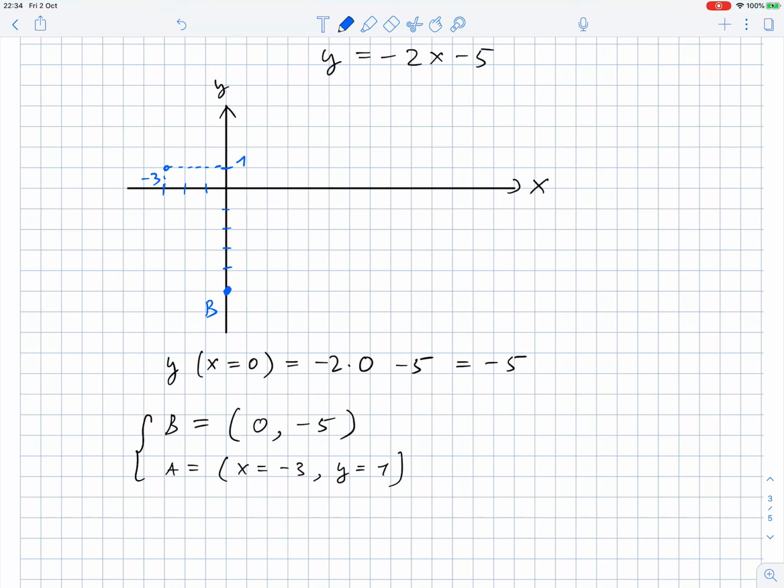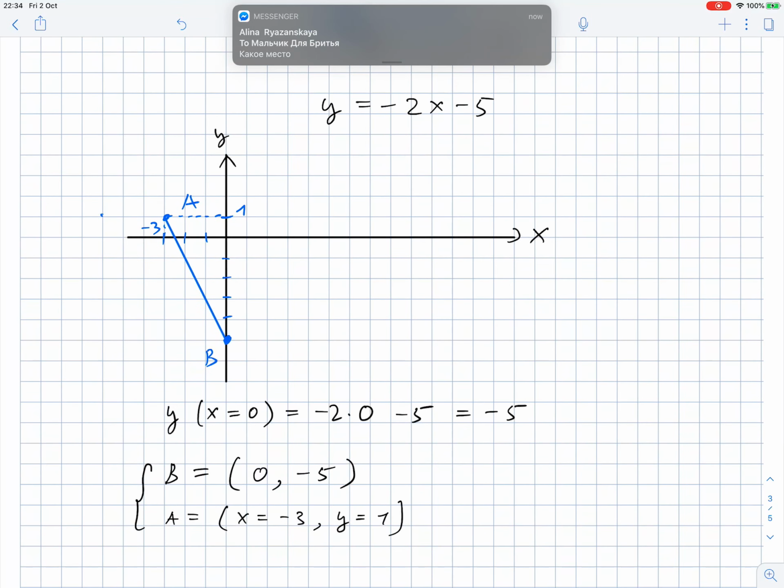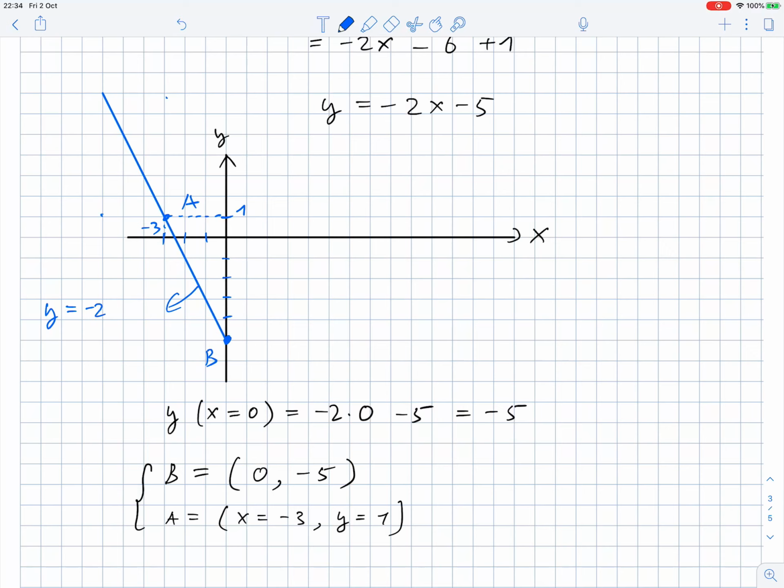This is point A. And there you go, you can draw this line. 1 2 3, 1 2 3 4 5 6, like this. And there is your function y equals minus 2x minus 5. That's the graph.